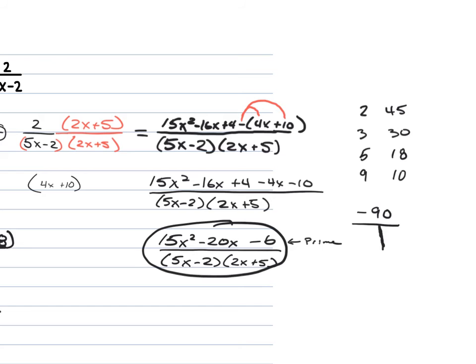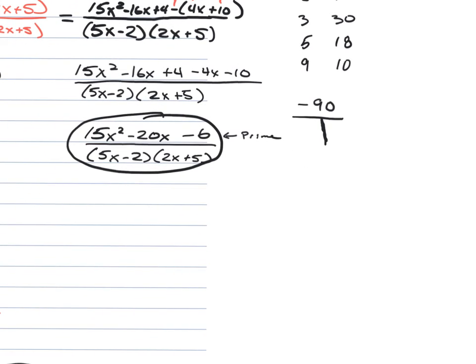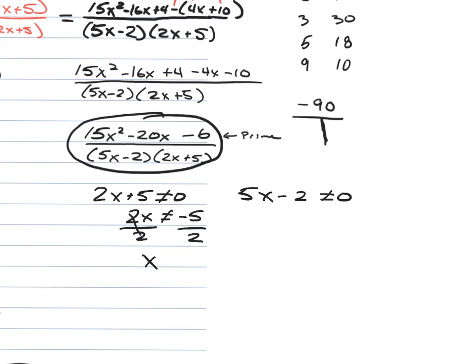All I need to know now is where is it undefined? How do I figure that out? Use the 2x plus 5 and 5x minus 2. Okay, so 2x plus 5 cannot equal 0, and 5x minus 2 cannot equal 0. So we get 2x can't equal negative 5. Divide by 2. X cannot equal negative 5 halves.